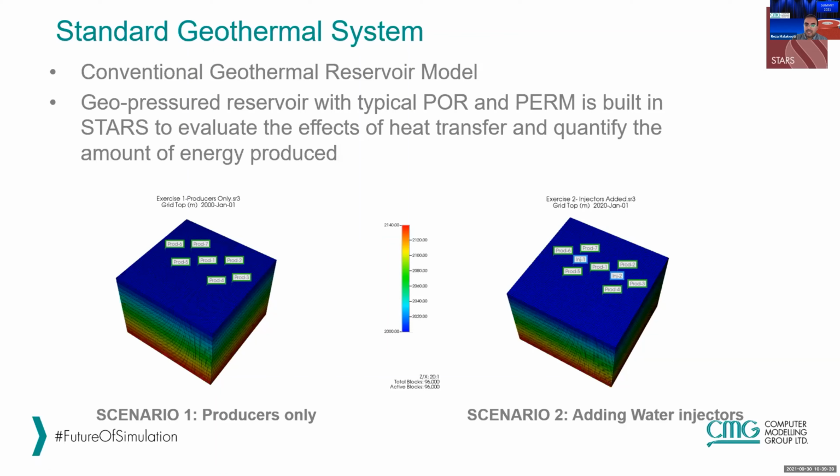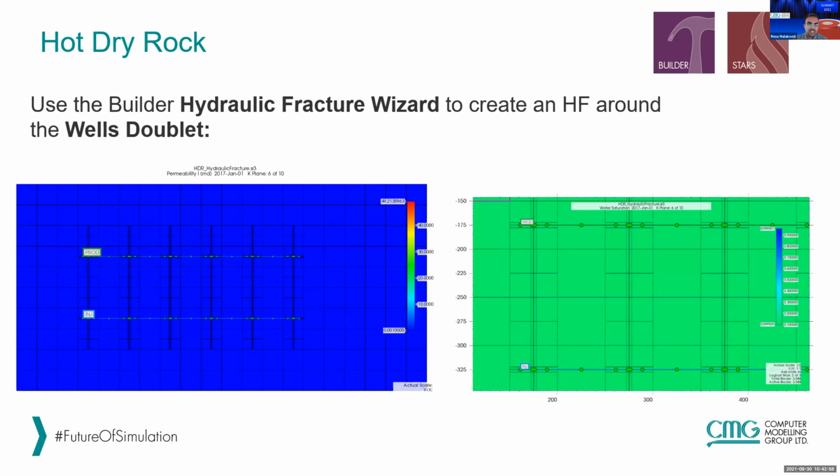In the second example, we show in here that for the hot dry rock, or let's say EGS system, STARS can also be used in order to model such a system. In that specific example, we use the hydraulic fracturing wizard that we have in our preprocessor Builder to make the fracture channel between the producers and the injectors.